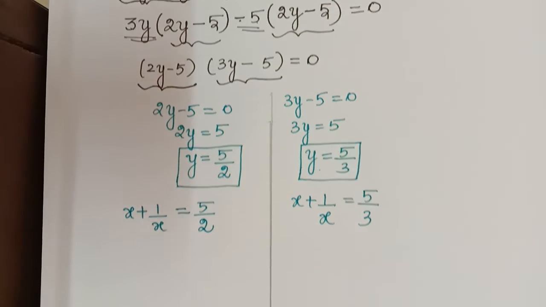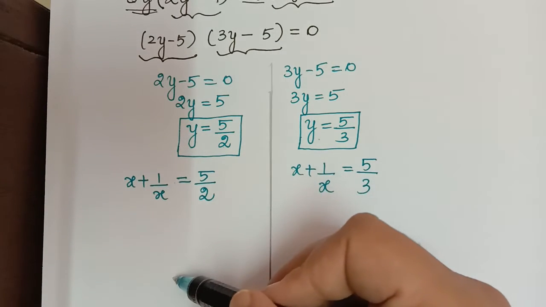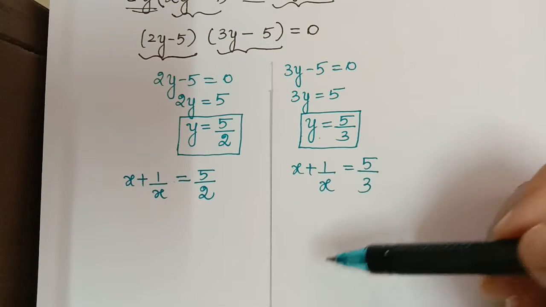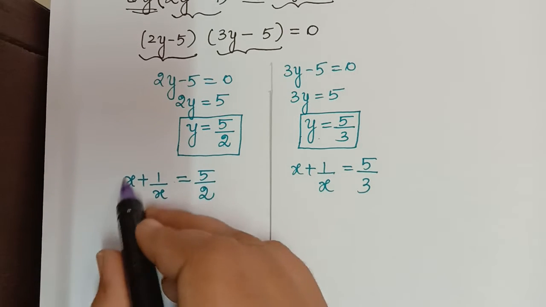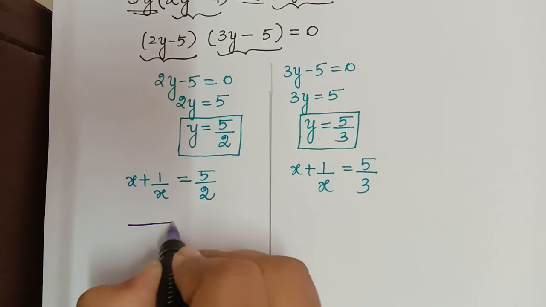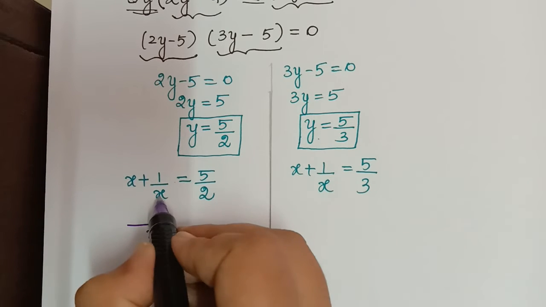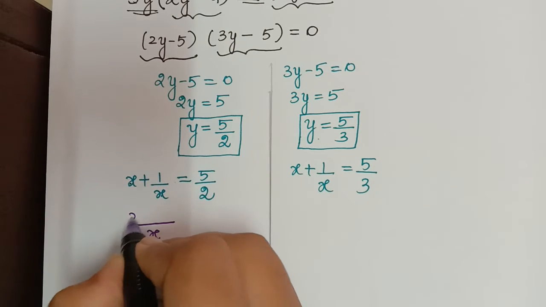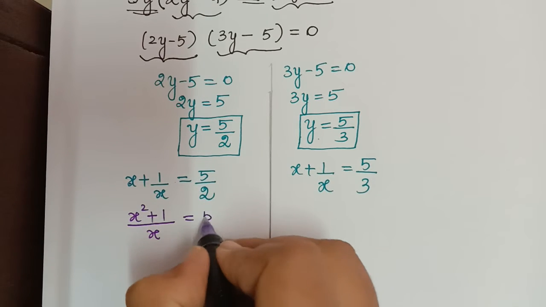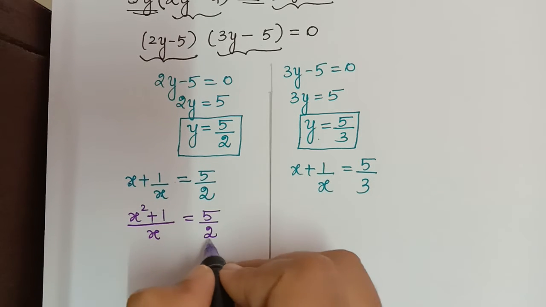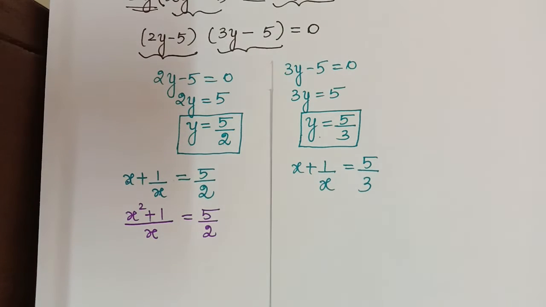Now first we will simplify this, and after that we will simplify this. So let's check out how to do that. Now here on the left we can take the LCM, and here we will get x, and this x gets multiplied here, and so we will be getting x squared plus 1 is equal to 5 by 2. Now we will cross multiply these two denominators.